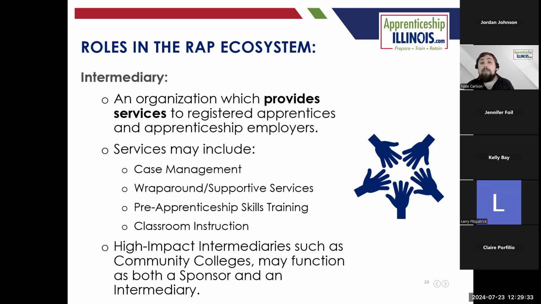And a high impact intermediary can make the difference between a program that flourishes and a program that doesn't even make it off the ground. When you have a partner organization that's willing to invest time in ensuring the success of the apprentices and the employer, it's a huge benefit. And so intermediaries are some of our most treasured partners in apprenticeship expansion in Illinois.